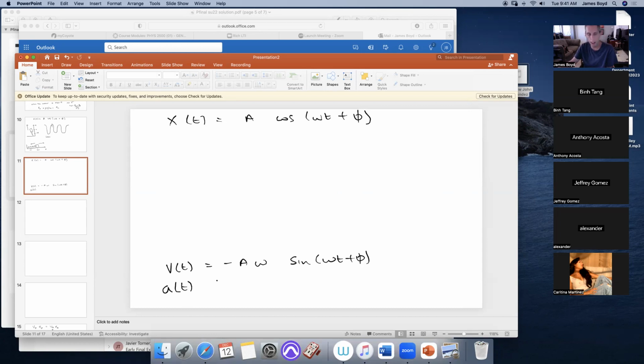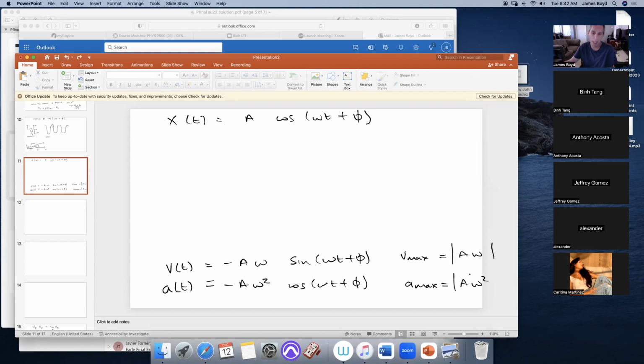The acceleration is the time derivative of this. So I know these equations. And I also know that when this part of the argument is 1, then v max is A omega, taking the absolute value. And a max, the maximum acceleration, is A omega squared.